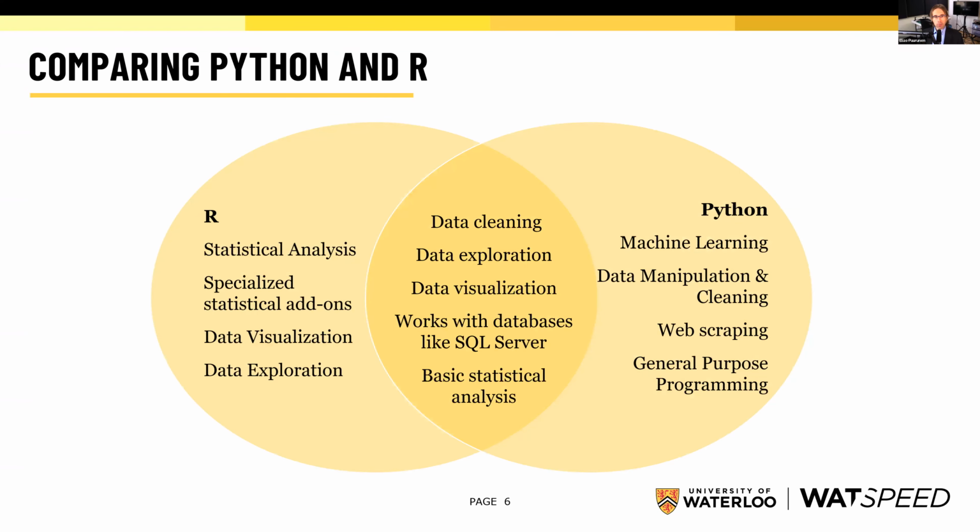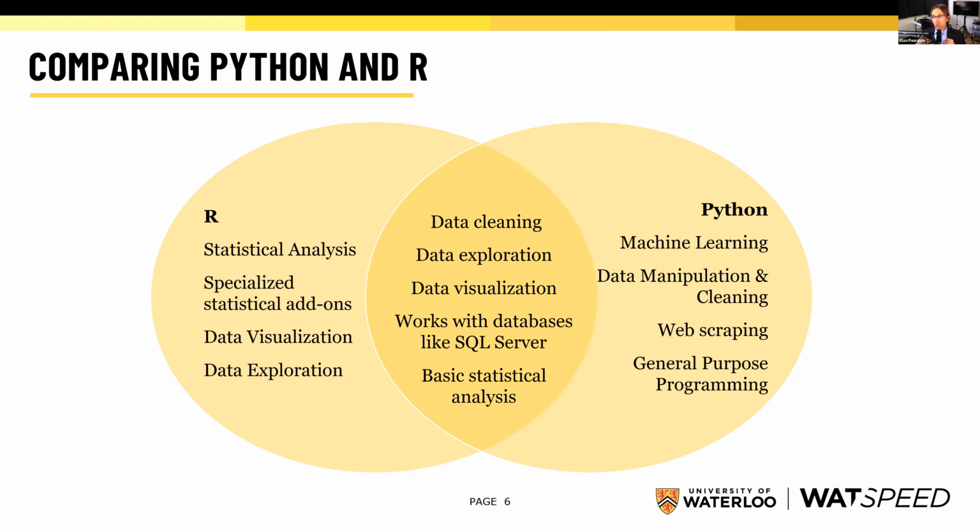So the background where R comes from: R has its roots in statistical analysis. It was built from the ground up to be amazing at doing statistical analysis. I'm talking about exploring data, doing regression analysis. It has a number of built-in functions that allow you to do statistical analysis.